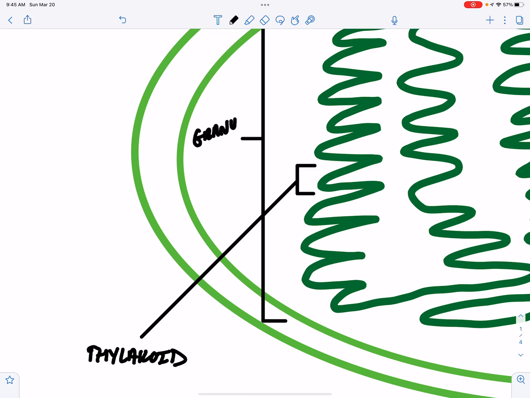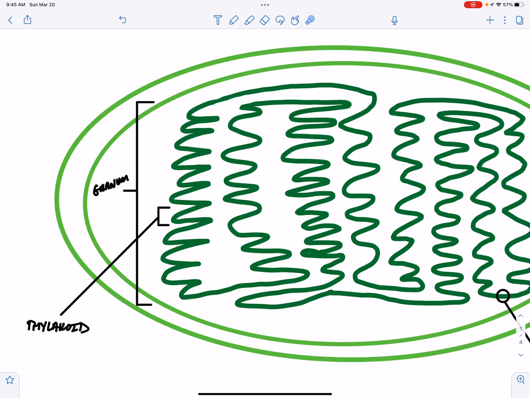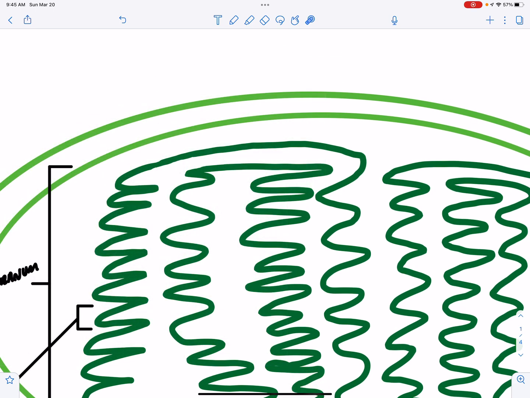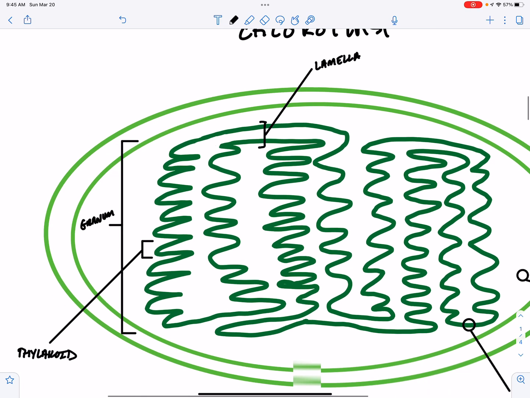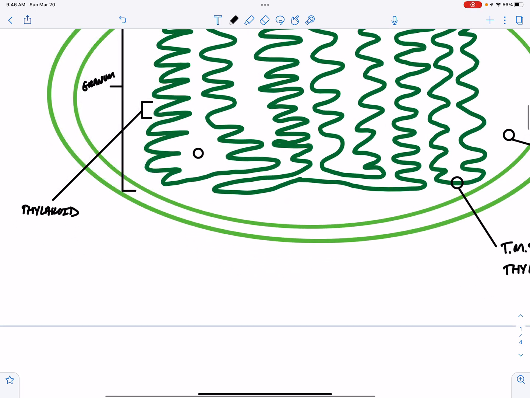The connector bits, these skinny bits that connect one granum to another granum, are called lamella. And the space inside the thylakoid membrane system is called the lumen.